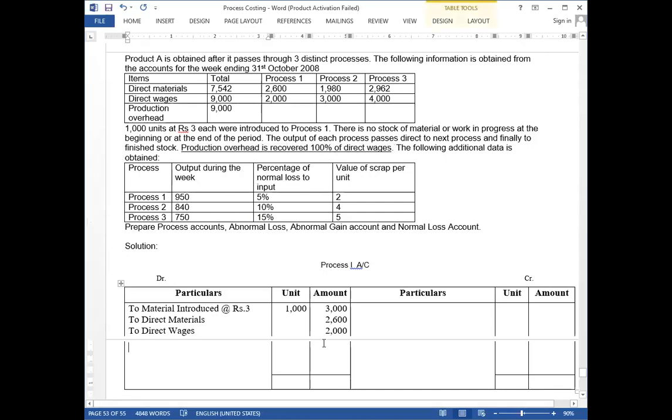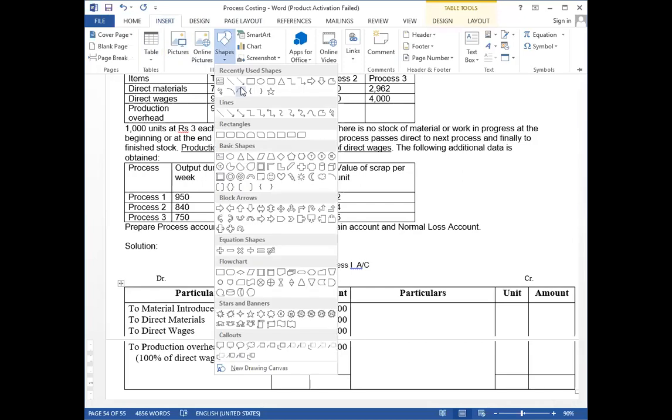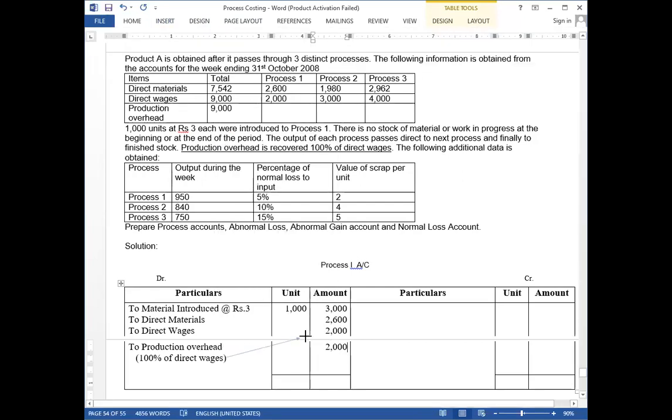So 100% of direct wages, which is 2,000, will again be 2,000. It's nothing but 100% of direct wages, so you can use this; you got it from here.